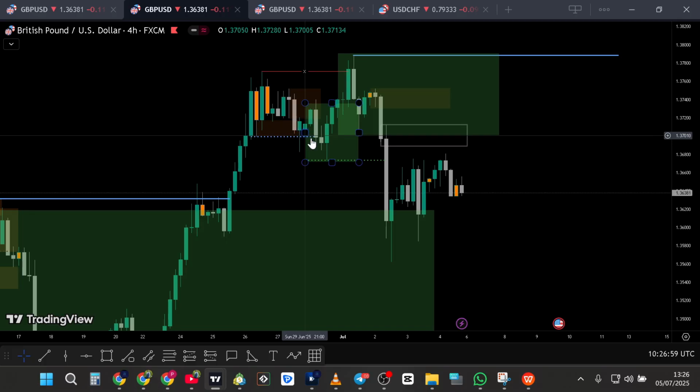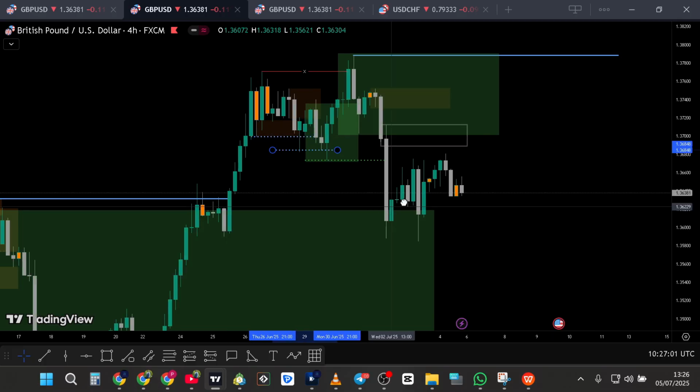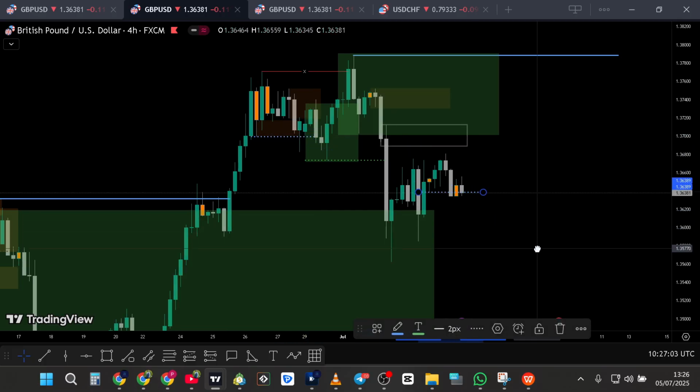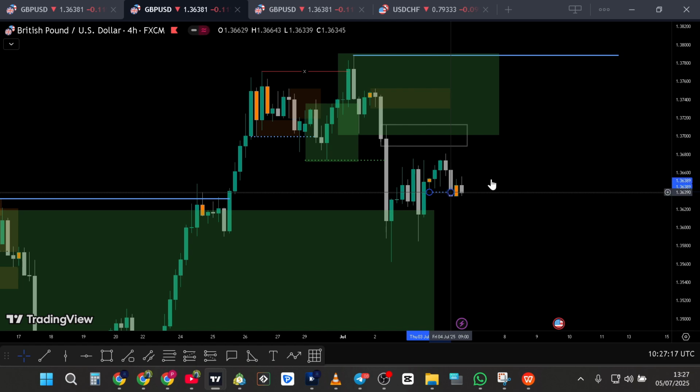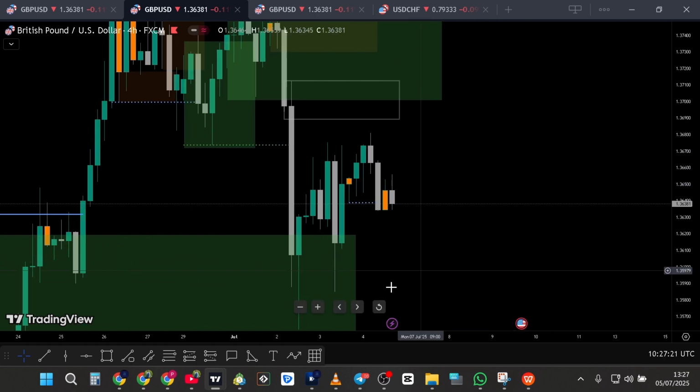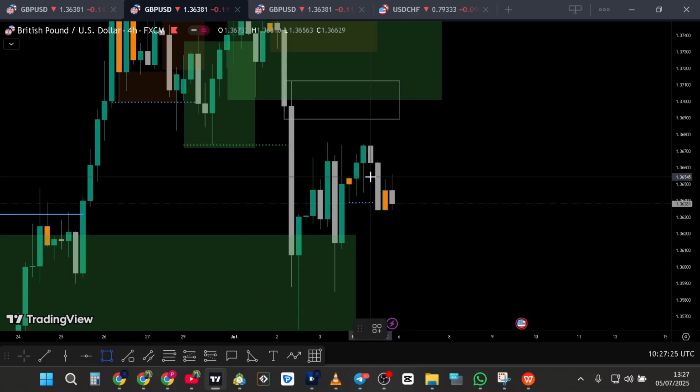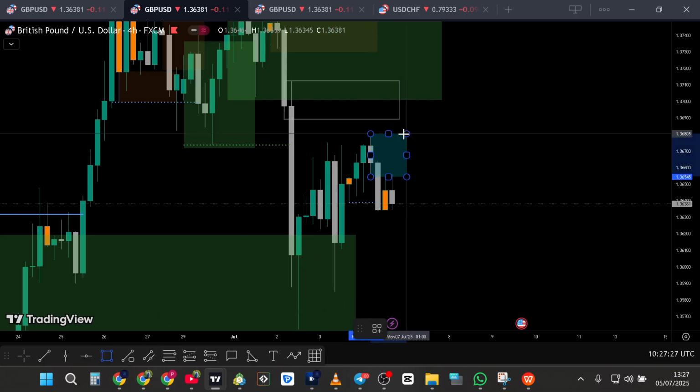I also see that we have a change of character right here, because as you can see, this high breached all these other highs. So between this pullback and this high, price came and breached that low, so created another change of character. And what did that change of character do? It pulled back price to somehow the supply area, like that.